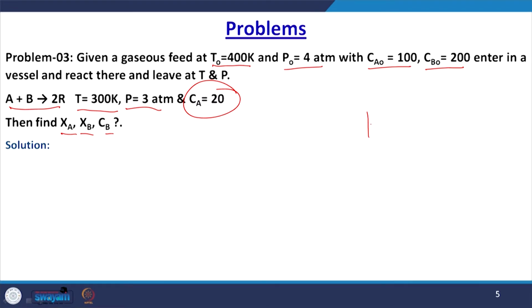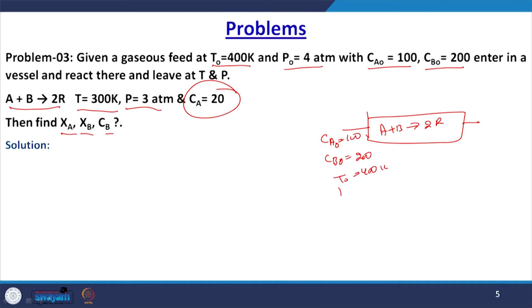So again we see that this is my reactor where we are performing A plus B to R. The initial conditions are Ca naught equal to 100, Cb naught equal to 200, T naught equal to 400 Kelvin and P naught, the initial pressure, equal to 4 atmosphere.